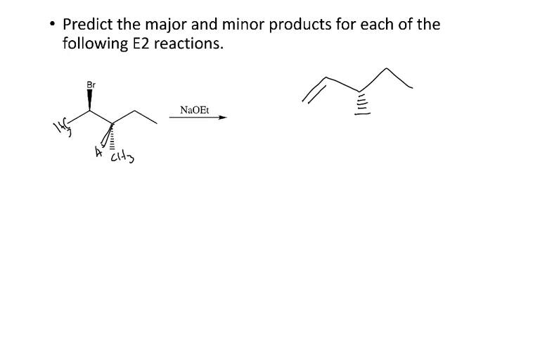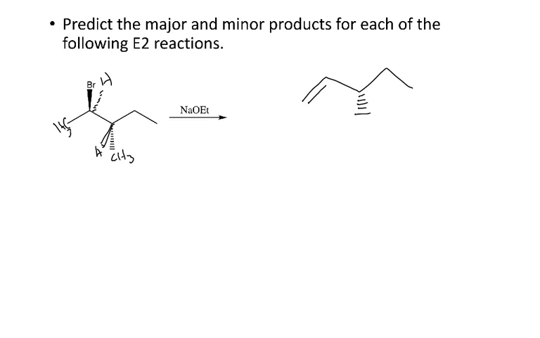This bromine, we also have a hydrogen coming off on a dash going away from us. When we rotate it, the methyl is going to take the place of the hydrogen, and the hydrogen is going to take the place of the bromine. So we're going to rotate it like this.